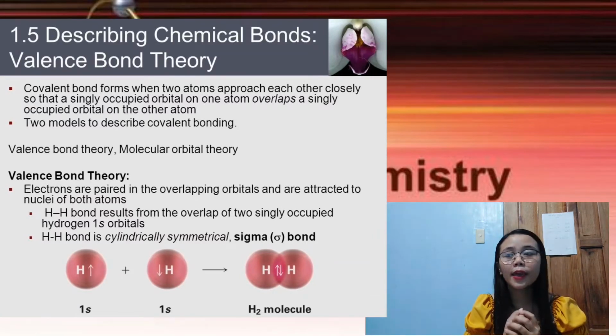In valence bond theory, electrons are paired in the overlapping orbitals and are attracted to the nuclei of both atoms. The H-H bond results from the overlap of two singly occupied hydrogen 1s orbitals. The H-H bond is cylindrically symmetrical, a sigma bond.